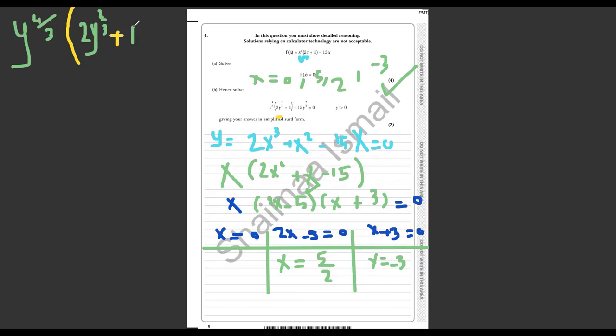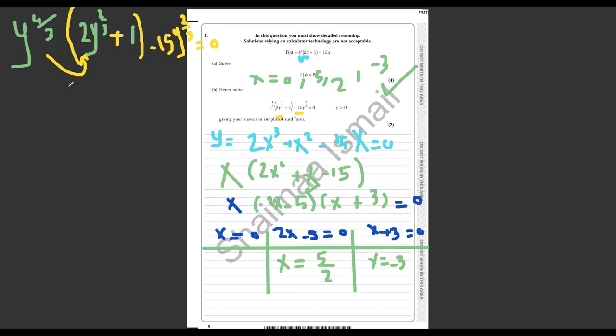Plus 1. And all of this minus 15y to the power of 2/3, which is equal to 0. Okay, first of all, we have to expand this. So we have to add the powers.